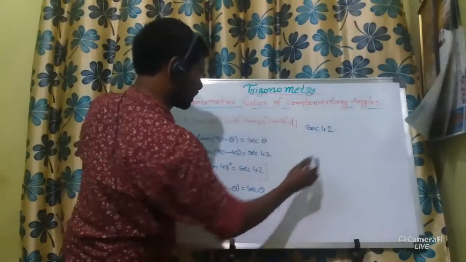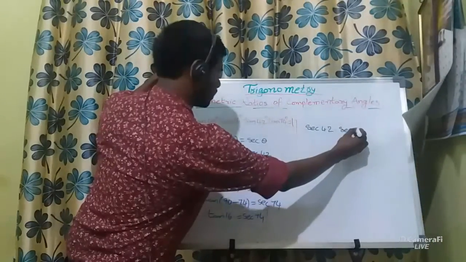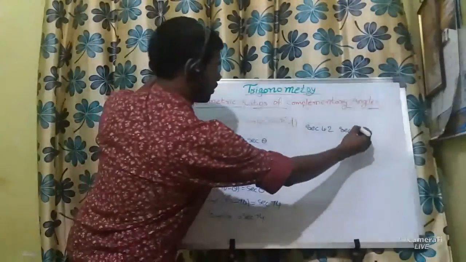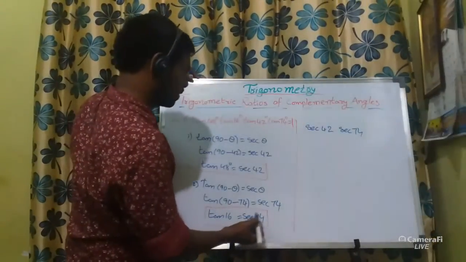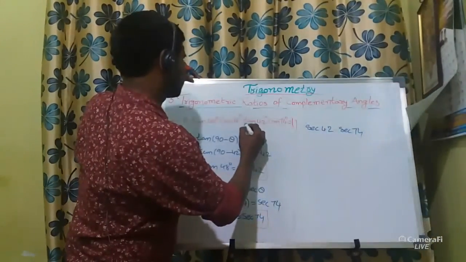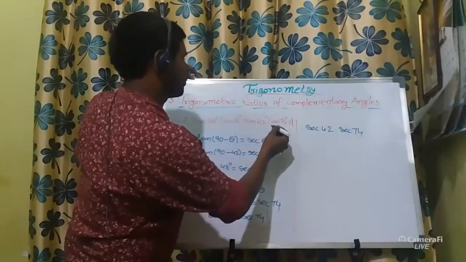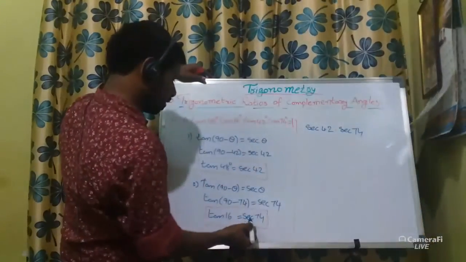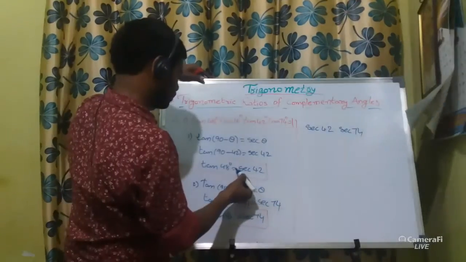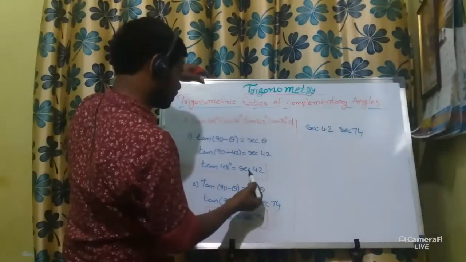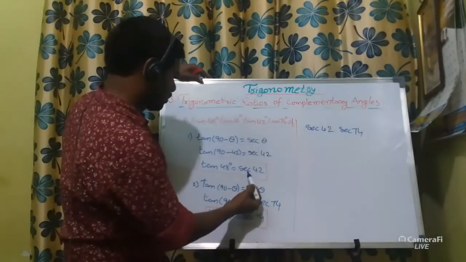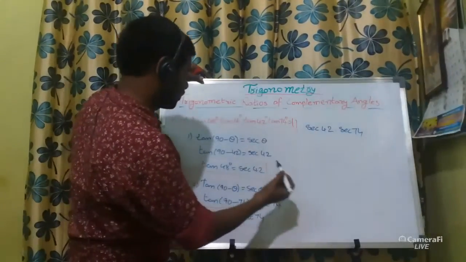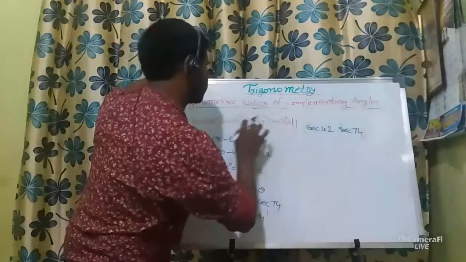Tan 16 is equal to cot 74, and next, tan 42 is equal to cot 42, remaining the same, you already converted.